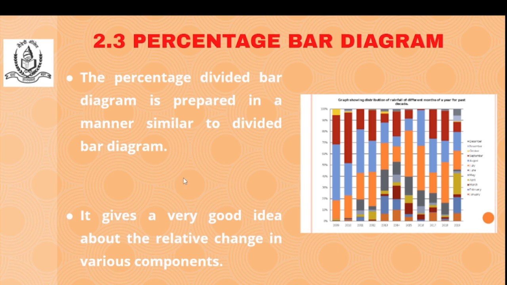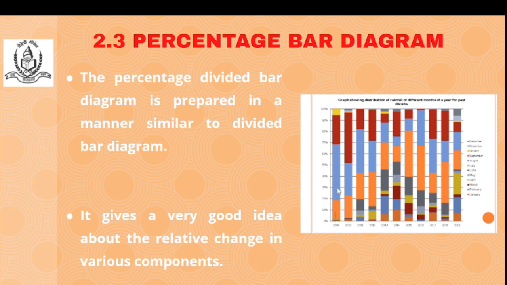So here you can see there is one representative percentage bar diagram given for you. One thing that you must notice is that the length of all the bars is kept as 100. Then each data point here represents one variable. So there are different years from 2009 to 19, and every year is again divided into all the 12 months.